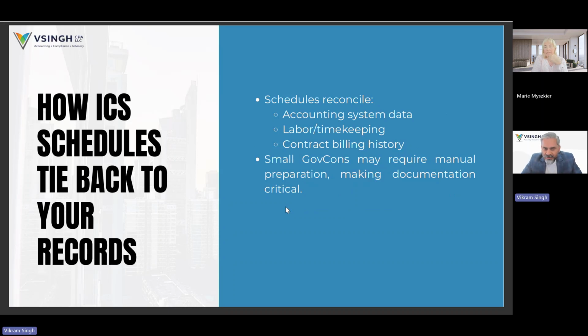When we're dealing with incurred cost submissions, what is important in here? So, when I was talking in my PBR, commercial accounting and GovCon accounting. Yep. In commercial accounting, we're mostly dealing with chart of accounts, right? We're dealing with general ledger. Hey, this is my office expense. This is my cost of goods sold. This is my operating expense and so forth.